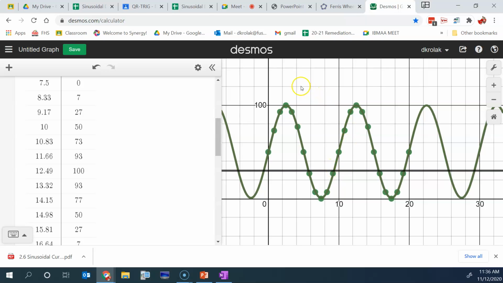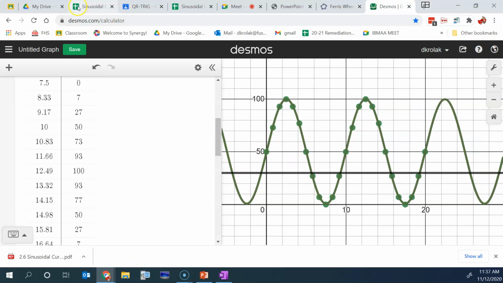Any ship going into a harbor has a book, or probably a computer now, with a graph just like this. By knowing what time it is, they can figure out how deep the water is and whether they'll run aground if they go into the harbor. If the water's not deep enough, your boat sticks to the bottom. That's not a good thing.